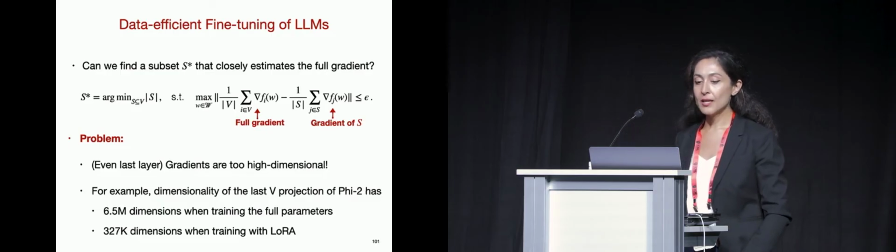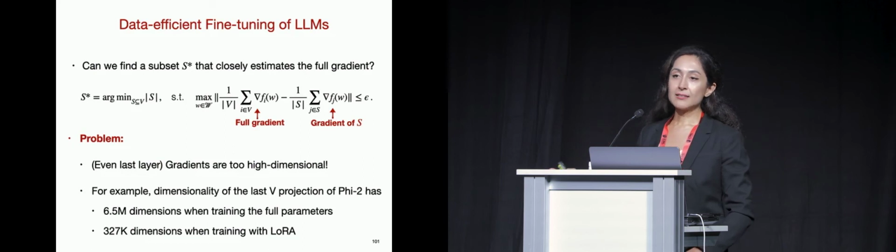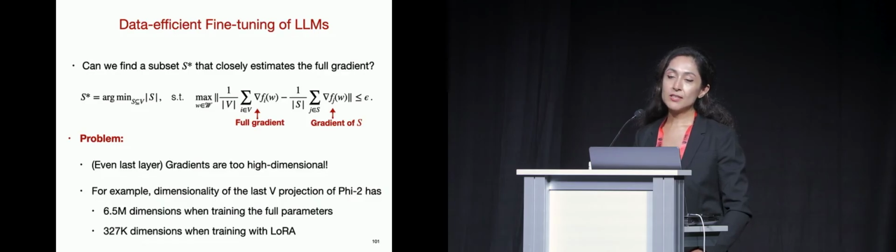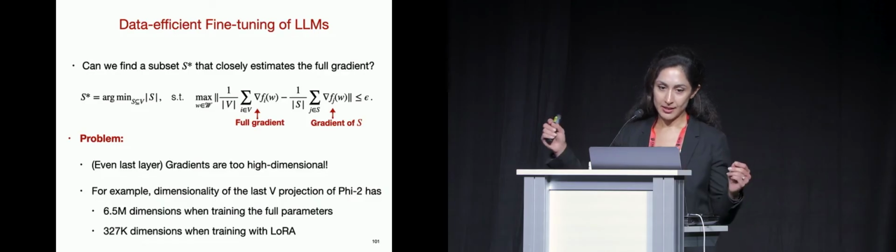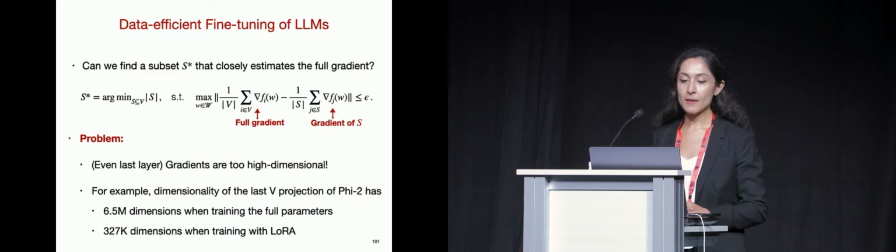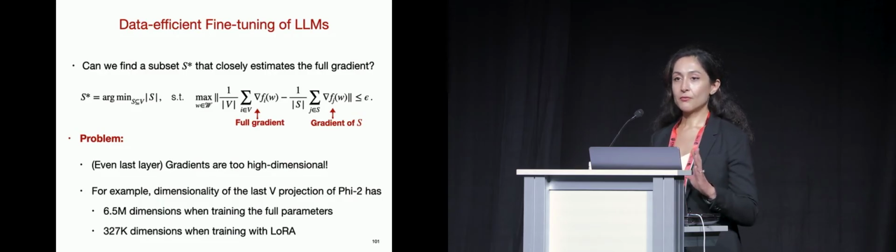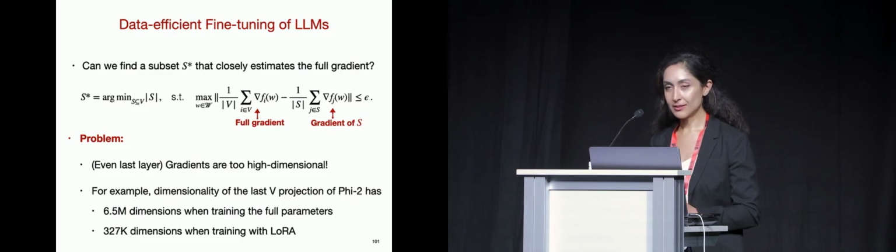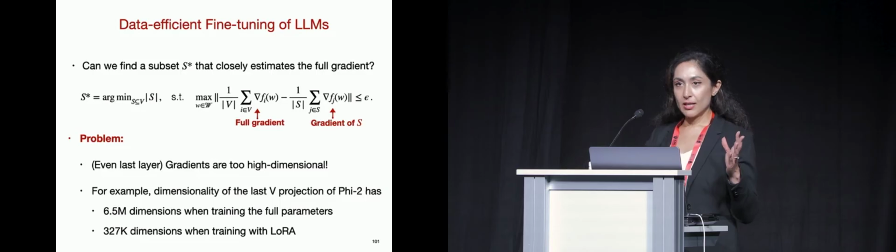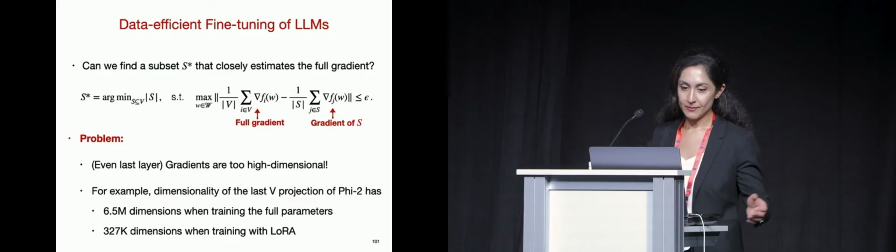Even if we look at the last layer, which we looked at for the vision models, the dimensionality of the last layer gradient is still very huge. For example, consider Phi2, a model with 2.7 billion parameters, not very large these days. The last layer has 6.5 million parameters, very high dimensional.